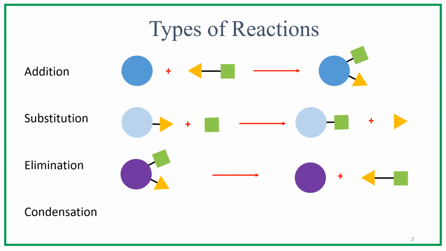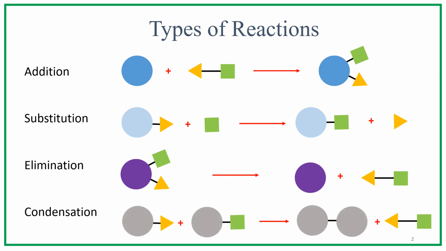And the final type is condensation. In condensation we have two reactants, one circle containing a triangle and another circle containing a square. When these two circles combine into one molecule, the triangle and square form another molecule and leave.